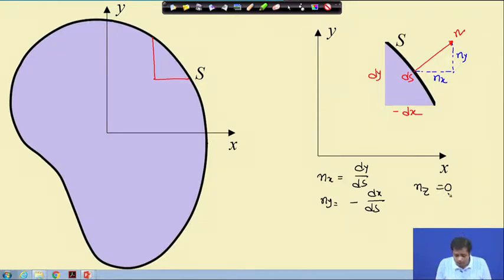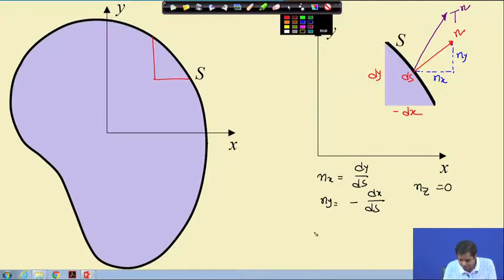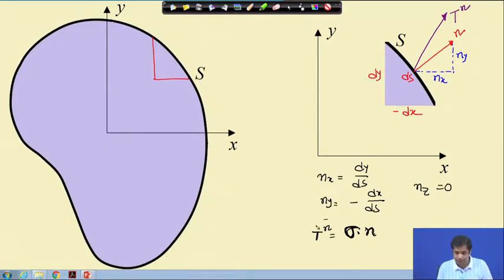Now, if you recall how we define traction on a plane, suppose the traction on this surface is Tn, then Tn is equal to sigma dot n. Sigma is a second order tensor, the Cauchy stress tensor, and T, the traction, is a vector. This is the traction at this point.